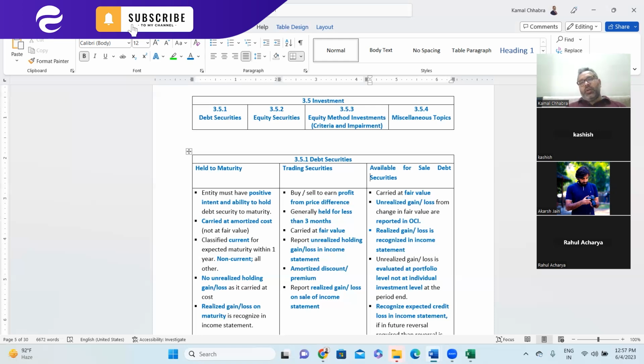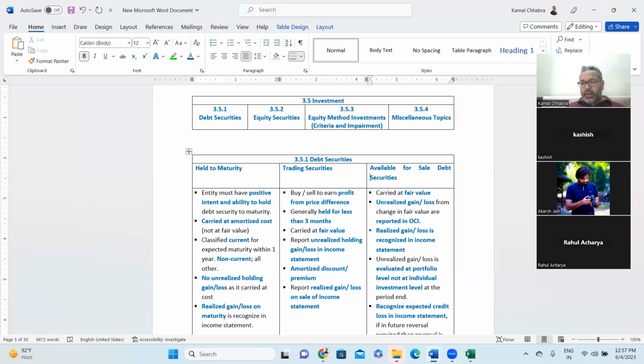Trading, we keep to earn the change in value. And available for sale is kind of a hybrid, where you will earn the interest or you will also try to earn on account of change in value. Make sense? Got it, sir. Rahul? Yes, sir.